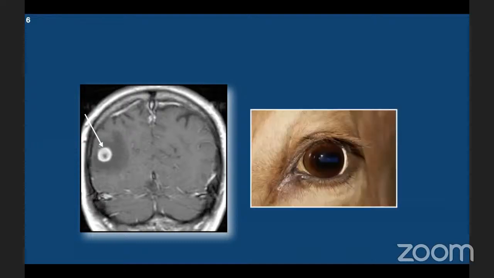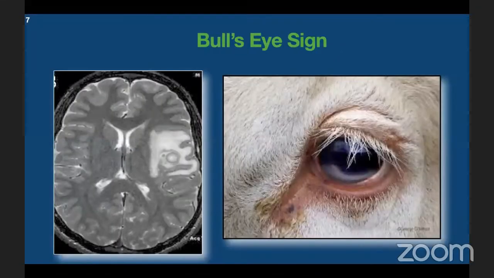This metastatic lesion resembles a bullseye, so it is known as bullseye sign. Some of our colleagues also call it target sign. Bullseye sign is not specific for brain metastasis. It can also be seen in other conditions like brain abscess, primary brain tumor, regressing hematoma, etc.